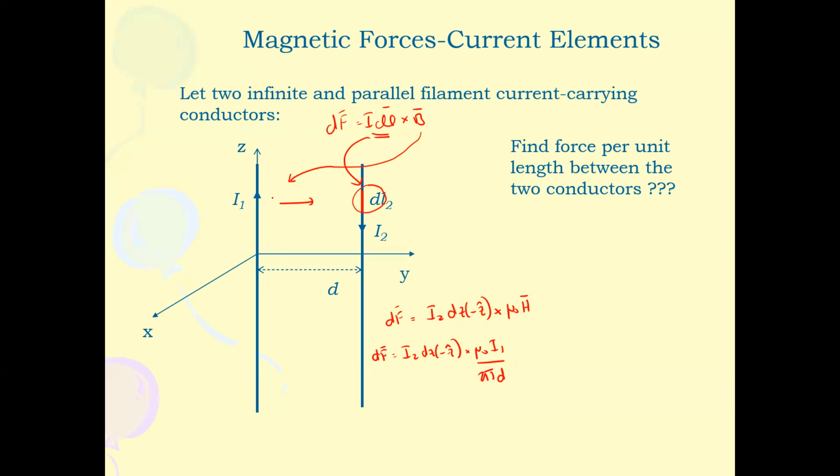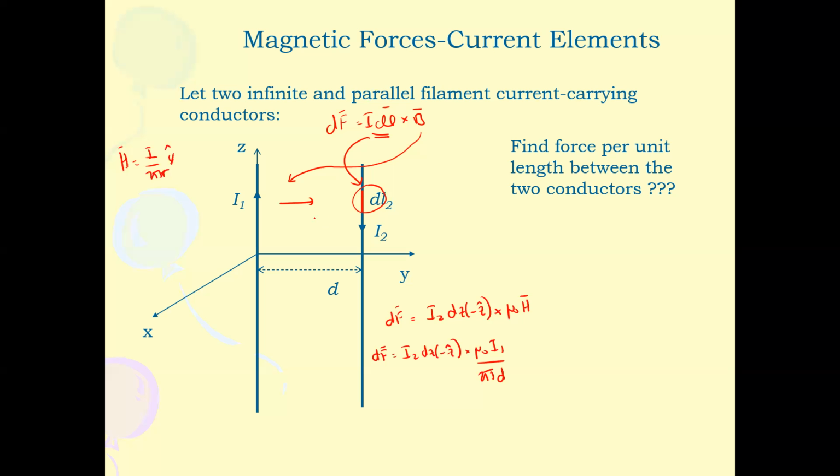We have the equation previously, H equals I over 2 pi R in the phi direction, which is the H field intensity produced by any filament with infinite length, whereby R is the radial distance from the filament to the point of interest.